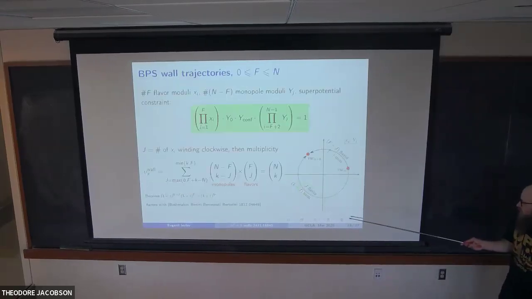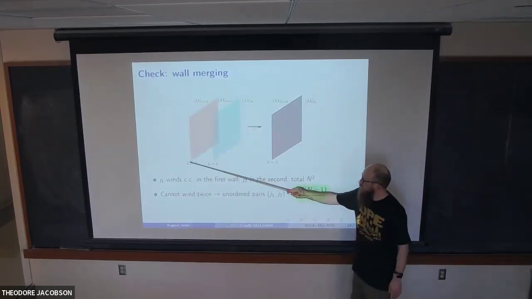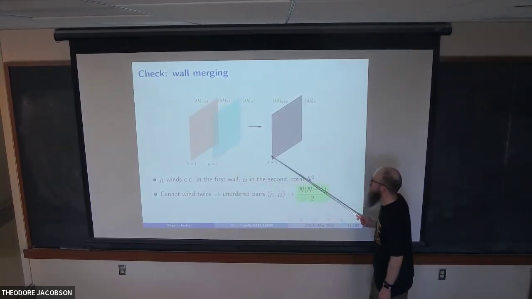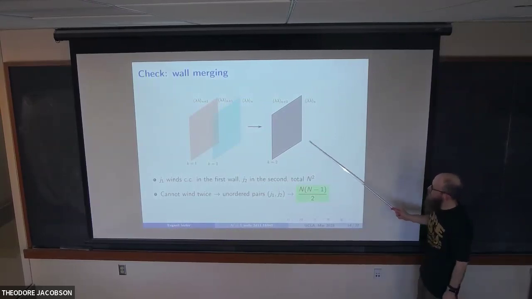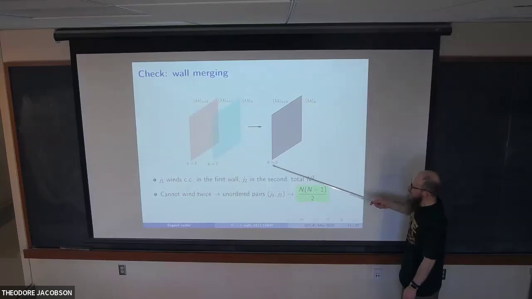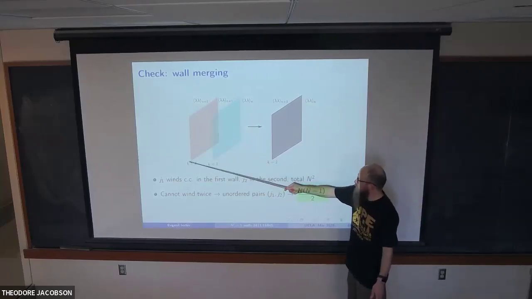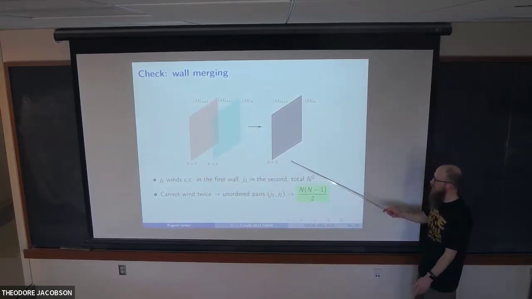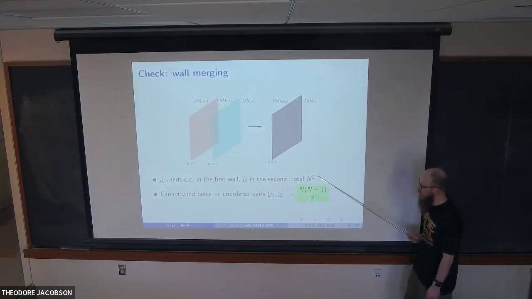And that's just a little check of this whole construction: you can merge two K=1 domain walls, imagining that they form a BPS object, which is a K=2 wall. So naively you would expect that there are N of these domain walls and N of these domain walls, so the possible multiplicity of this configuration is N squared.